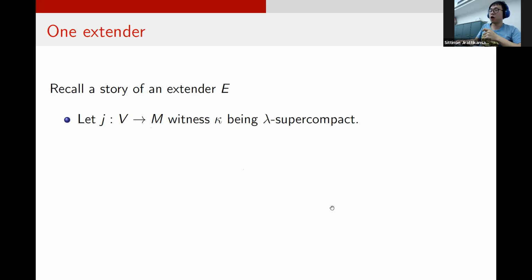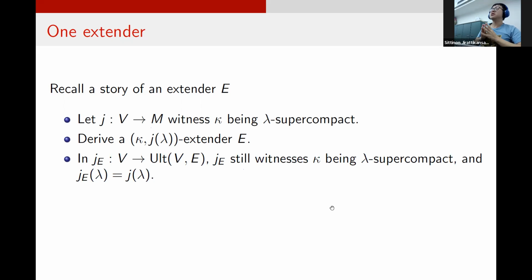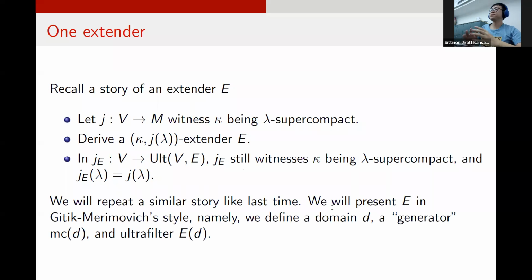So I drop all the subscripts, derive a kappa, comma, J lambda extender E. And then J E is going to witness kappa being lambda supercompact. And J E lambda is going to be J lambda. And we're gonna repeat the story as in the last time.